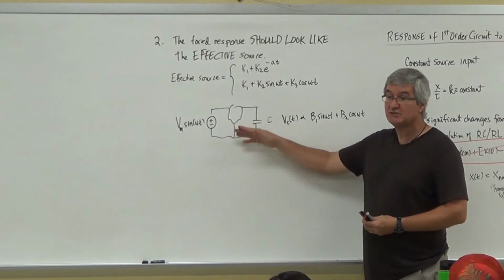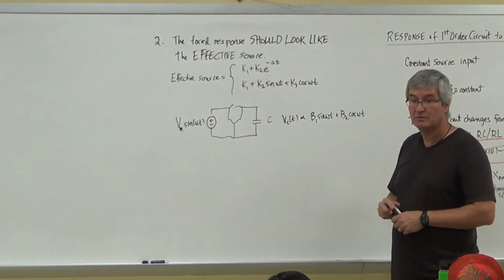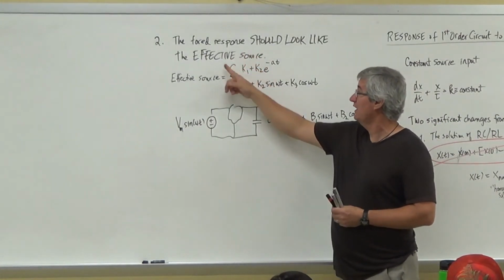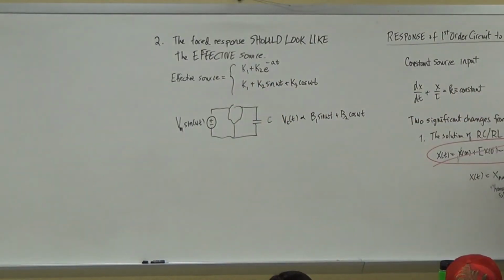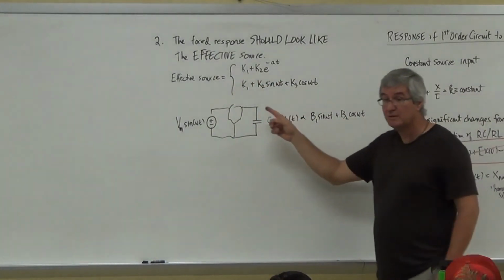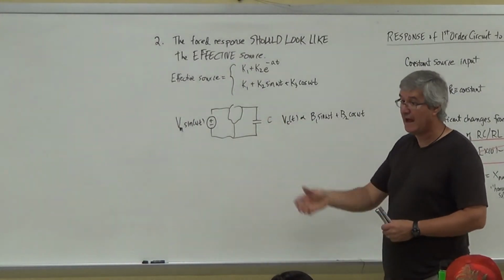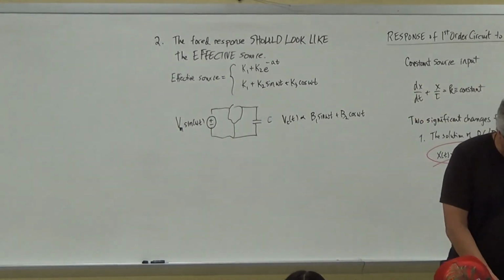Well, it's going to see a boost at some point, and then over time it goes back to maybe its original value. So anytime I look at that force response, looking at what's on the right side of the equation, this term tells me that that's exactly the way the solution should behave, the cap or the inductor. It doesn't matter which one we're looking at here.